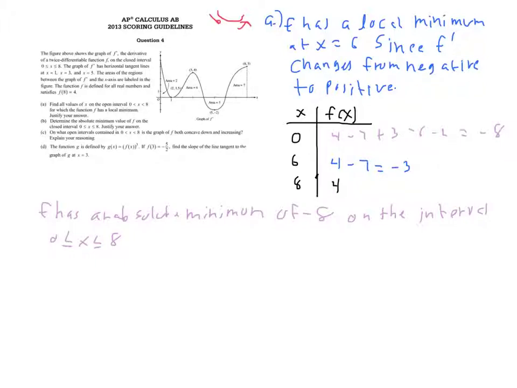Okay, so on what intervals is the graph both concave down and increasing? This was the start of part B. So concave down, we're looking at a picture of the derivative.